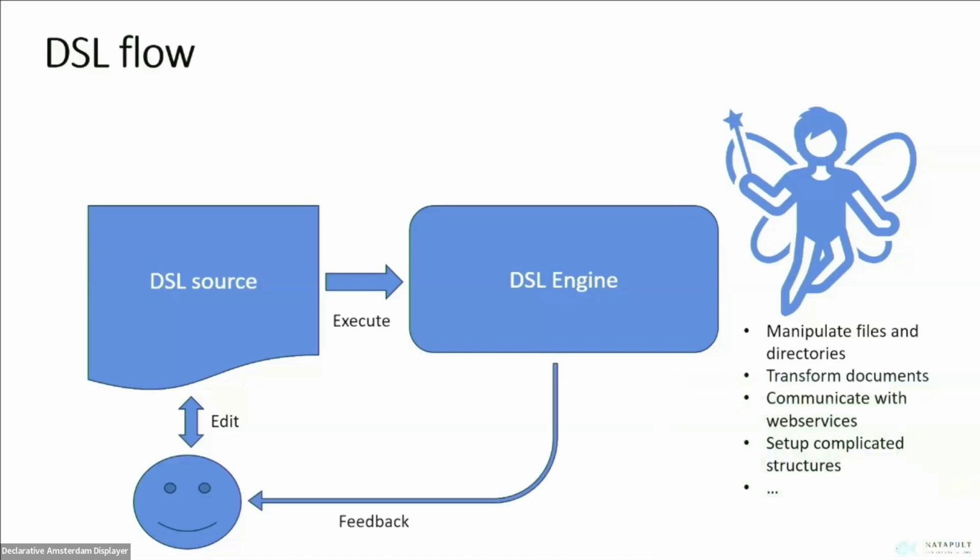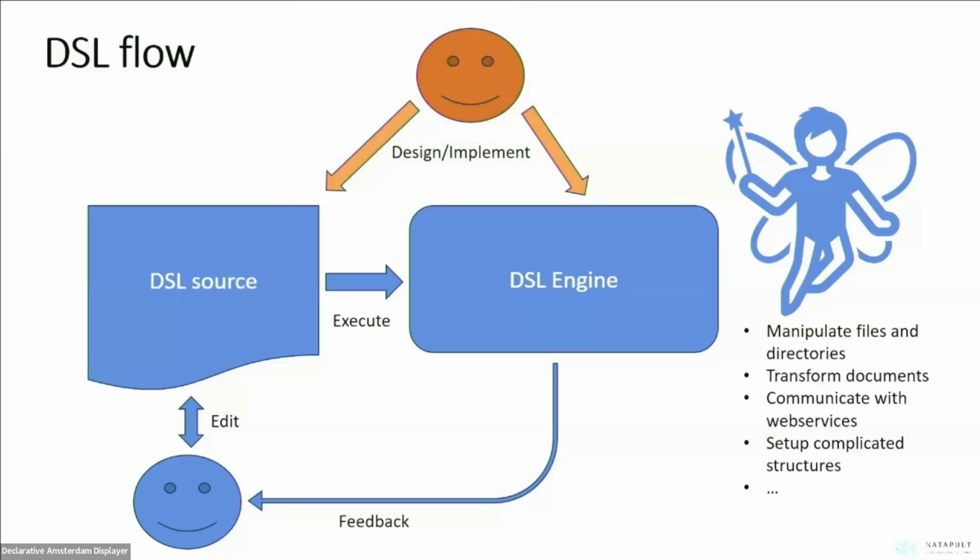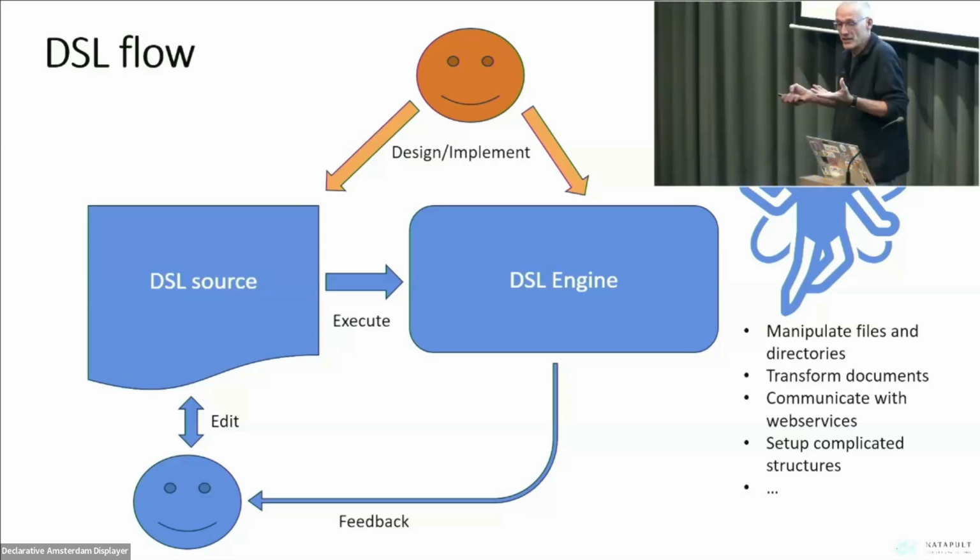And while it's doing its magic, you probably want feedback, either while it's running or at the end, maybe about the status of whatever it did. And besides this, you also, of course, have to design and implement the language. Somebody has to create a language, somebody has to create the DSL engine. That doesn't come for free.